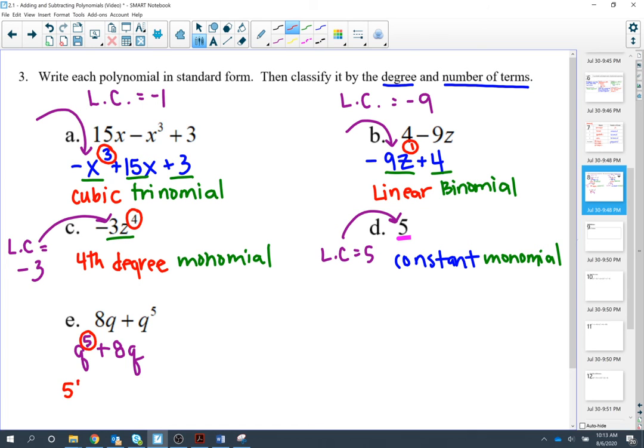So 5th degree, and then number of terms, 1, 2, binomial. And then if I wanted the leading coefficient, it's the number in front of the largest one. So the leading coefficient, I don't see anything there, but there's actually a 1 hiding. It's implied. So the leading coefficient here would be 1.